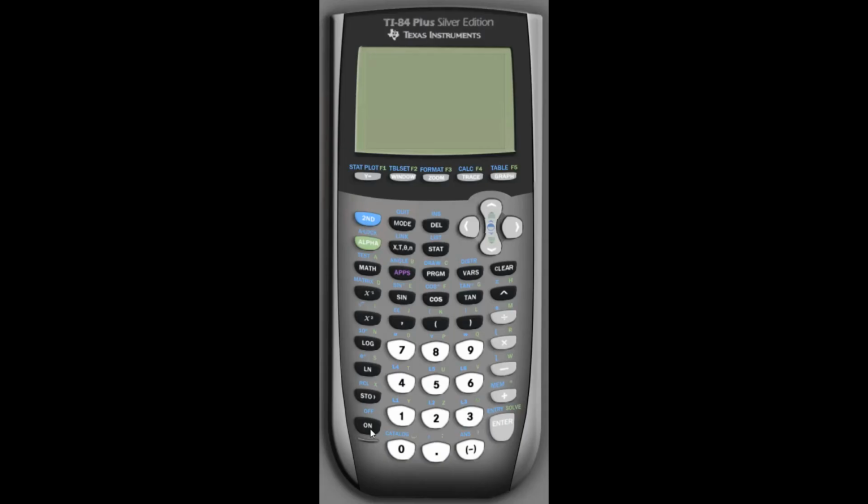So let's find all zeros of this function, and so let's go to the plot.